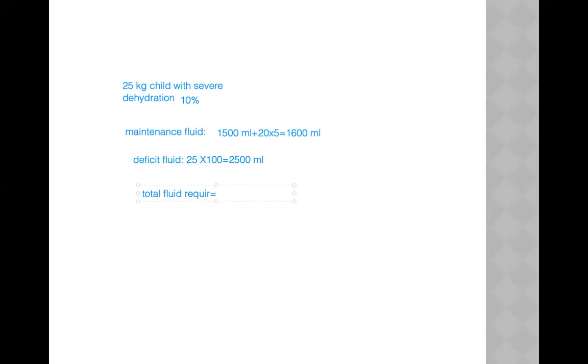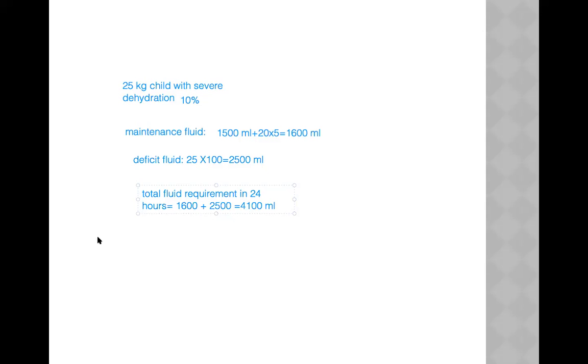Total fluid requirement in 24 hours is, you add these both together, 1600 ml, which is the maintenance fluid, plus 2500 ml, which is the deficit fluid. How much would it be? 4100 ml. Is it clear till here? Yes, clear sir. Clear to everyone? Yes, sir.